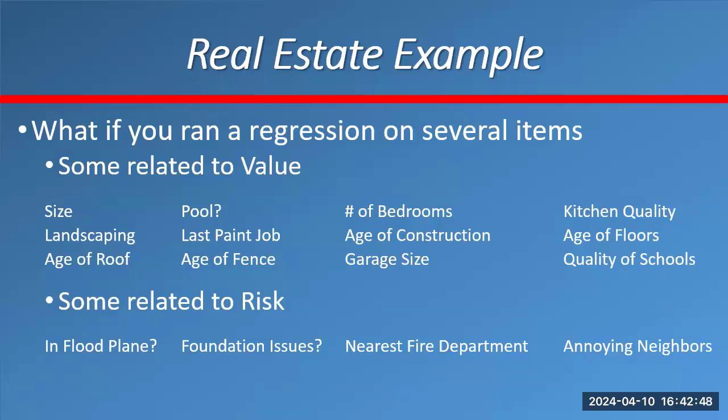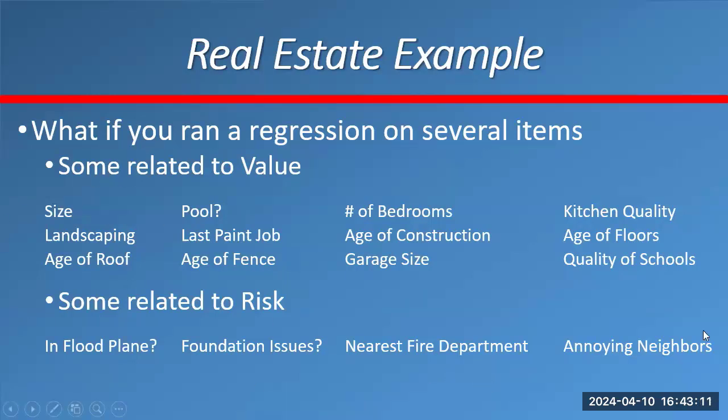There are entire cities that are going to shut down because of the floodplain. Does it have foundation issues? When I sold my mom's house, that was the issue. They had a foundation problem, so I had to admit that to the buyer. With stocks, we're going to find a lot more things related to risk, like how much debt do they have, how volatile their earnings are. There's a lot of things we can talk about.